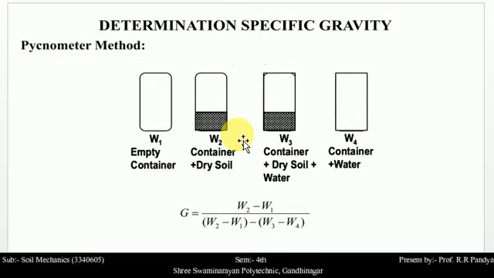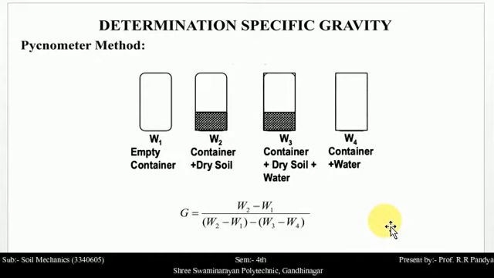Then top up the pycnometer bottle plus dry soil with distilled water up to the top. Ensure that there are no bubbles in the pycnometer bottle. Then weigh that pycnometer bottle and give it the name W3.